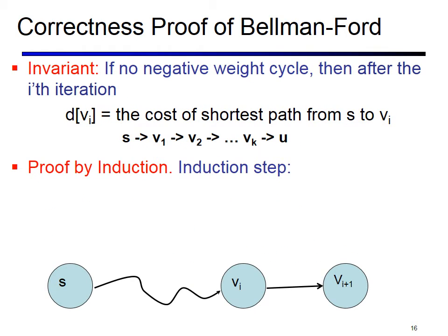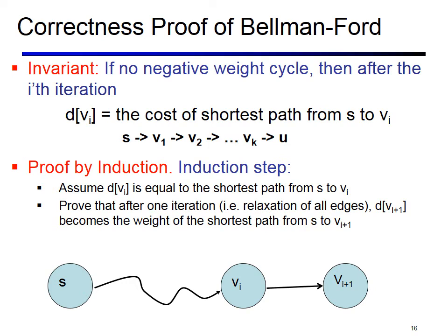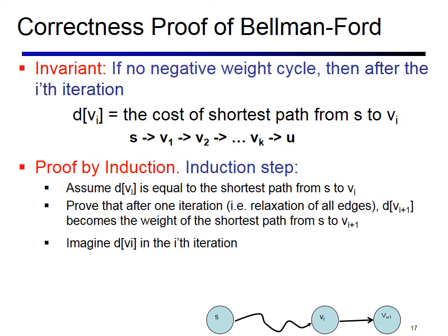Now for the induction step, assume that d of Vi is equal to the shortest path from S to Vi, and we want to prove that after one more round of relaxing all edges, d of Vi plus 1 becomes the weight of the shortest path from the source to Vi plus 1. Now, imagine d of Vi, which by the induction assumption equals the shortest path from S to Vi.